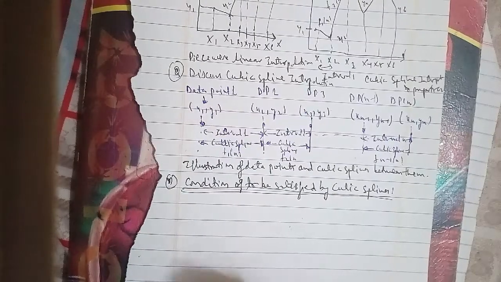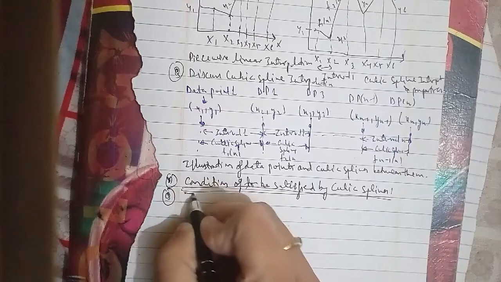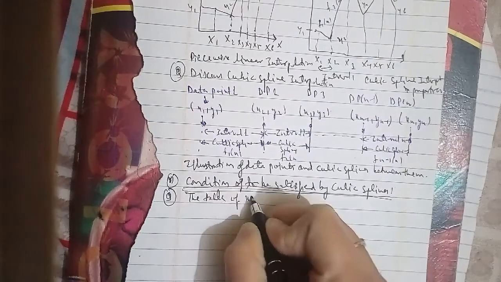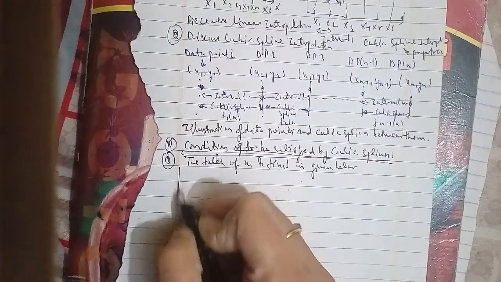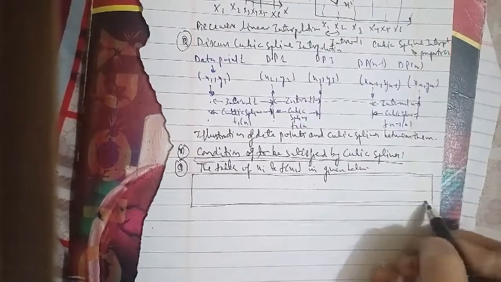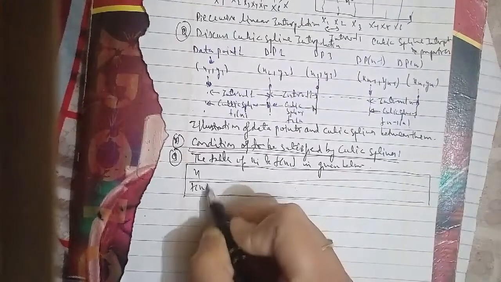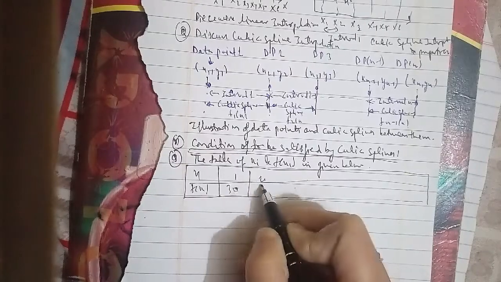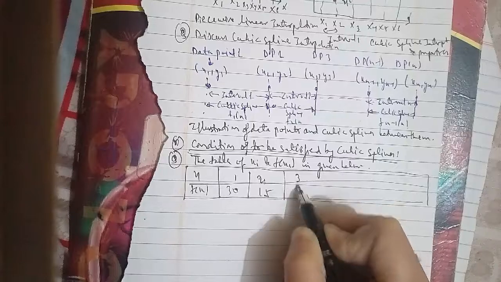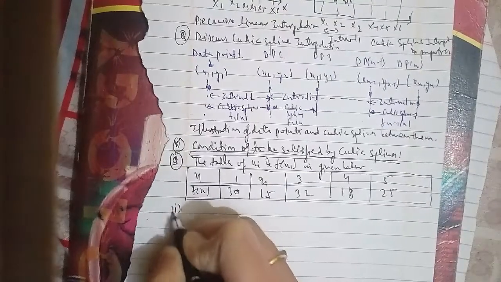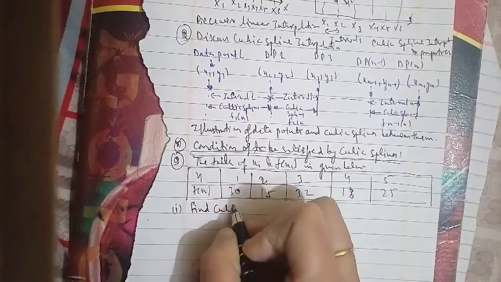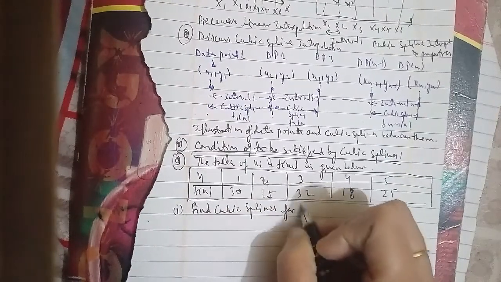For x, f(x): 1 is 30, 2 is 15, 3 is 32, 4 is 18, 5 is 25. First, find the cubic spline for this table, and second, find the value of f(x) at x equals 3.5. We'll solve it out one by one.